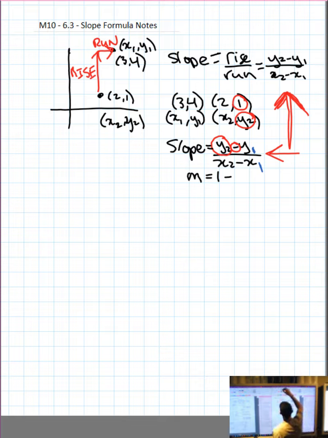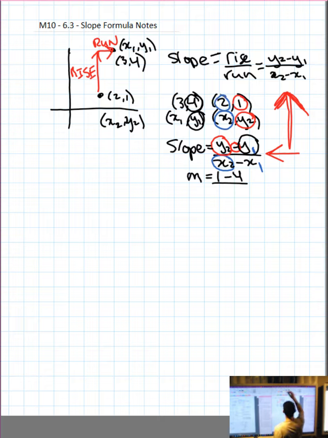Okay, now looking at the formula, the next thing in the formula is y1. I'm going to circle y1 directly above. I'm going to circle the 4. I should have done that in a different color, whatever. Now I'm going to replace y1 with 4 in the formula because that's what it was. Now I'm going to take x2. I'm going to circle that in blue above in the formula. Then I'm going to circle it above. Then I'm going to put a circle around the thing that it is.